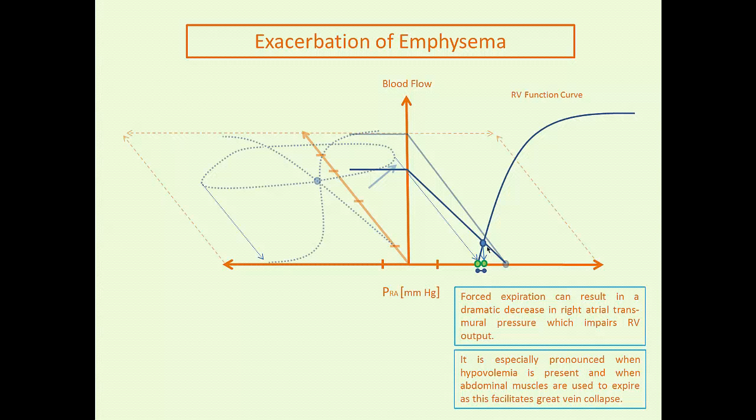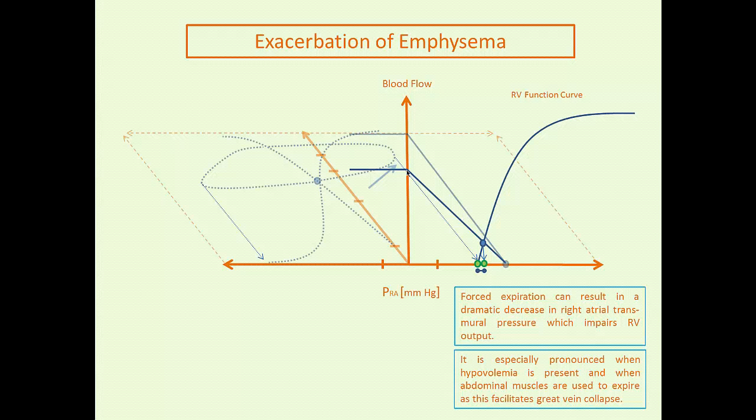So it's interesting that on inspiration, even though the measured pressure, as we saw, was very low compared to the very high measured pressure on expiration, actually on inspiration the distending pressure of the right heart was much greater. And here I've depicted that the venous return curve has shifted, because in these patients the resistance to venous return can actually increase on expiration as well.